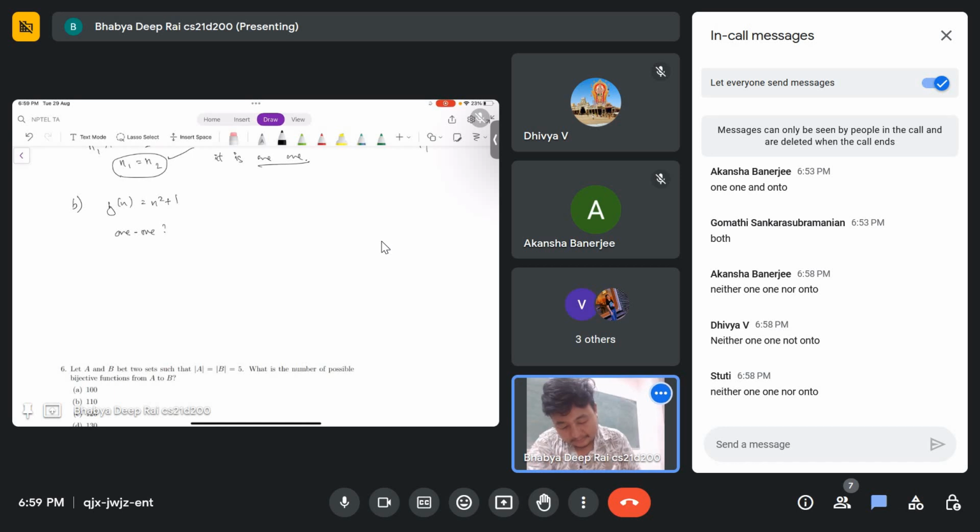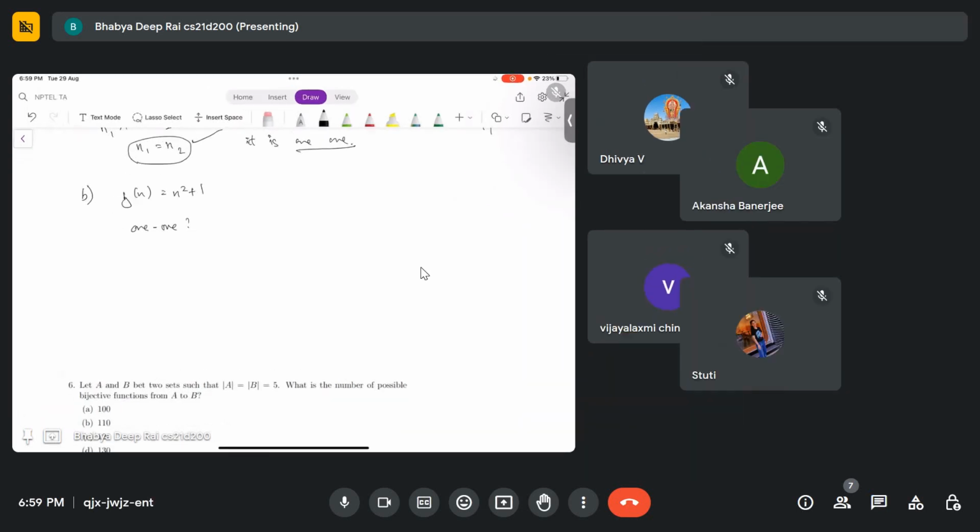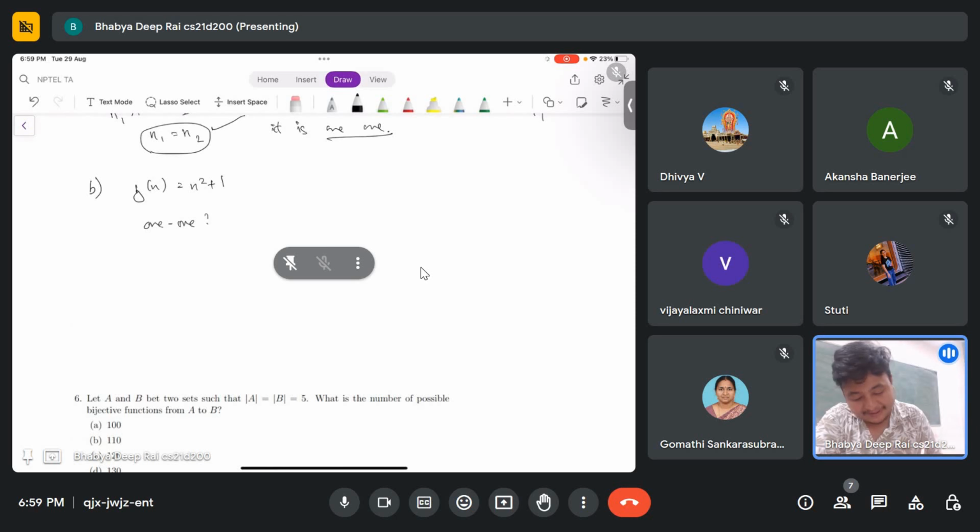So this reminds us about the previous case when we were talking about positive and negative integers. So we realize that if n equals 1, then f of n equals 1 square plus 1, which is equal to 2.